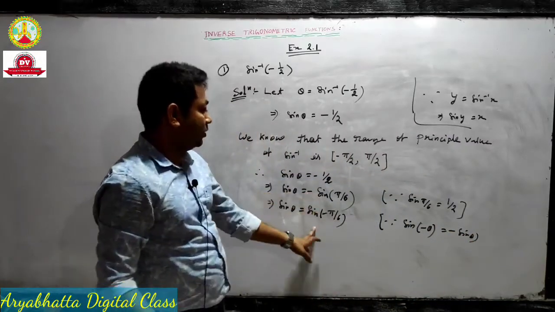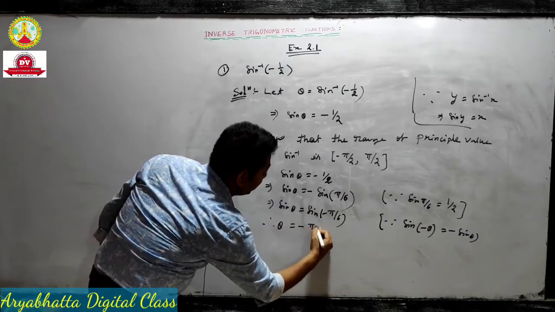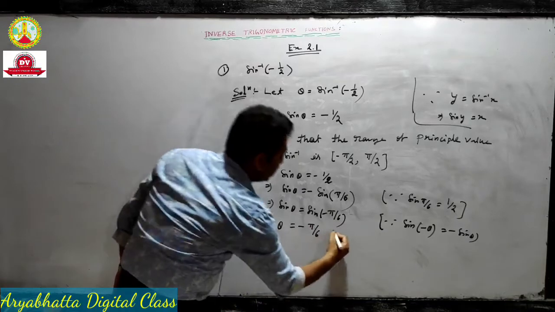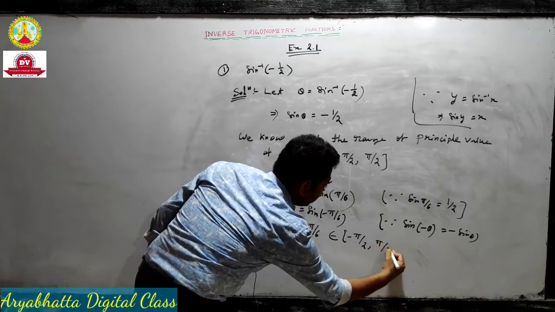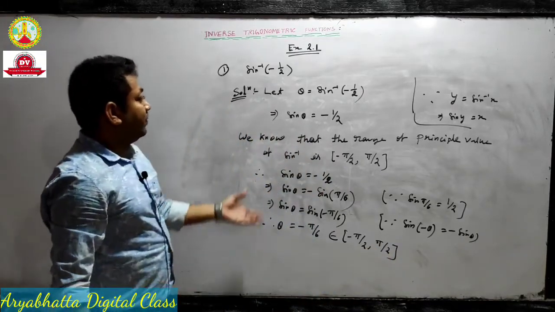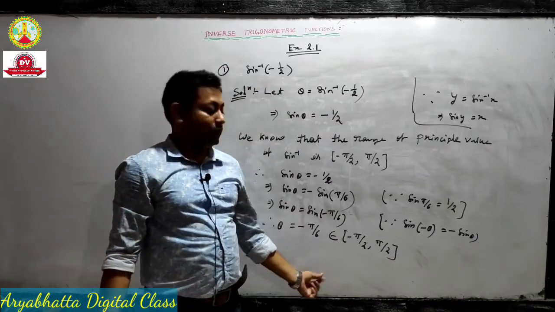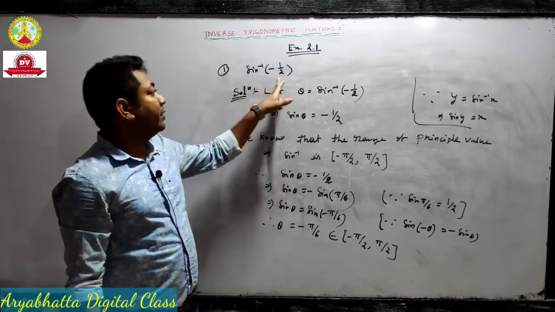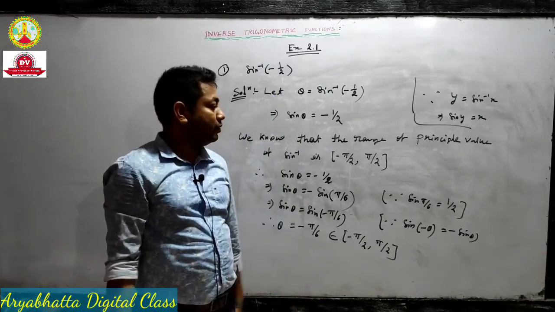Therefore, theta equal to minus pi by 6, which belongs to the closed interval minus pi by 2 to pi by 2. Therefore, the principal value of sin inverse minus 1 by 2 is equal to minus pi by 6.